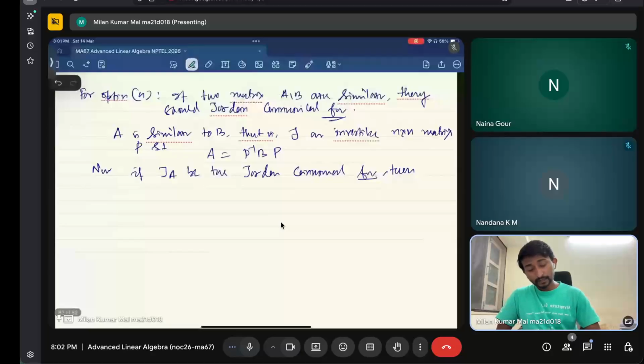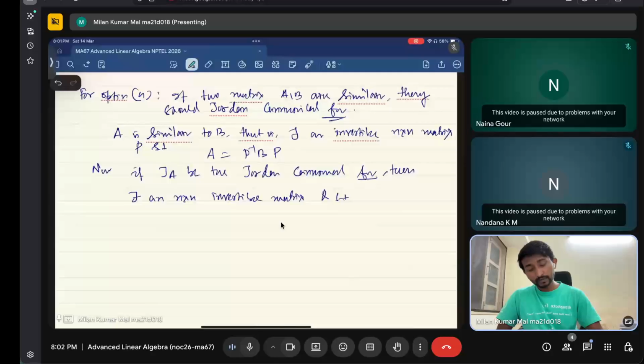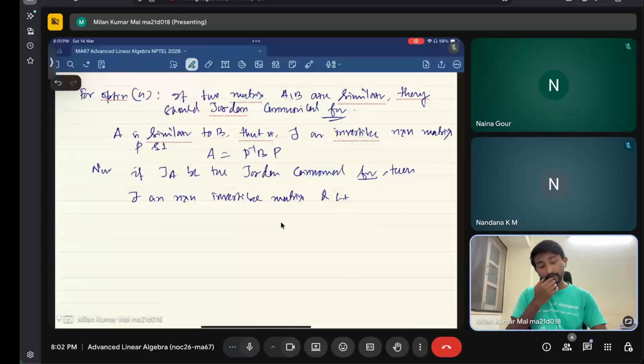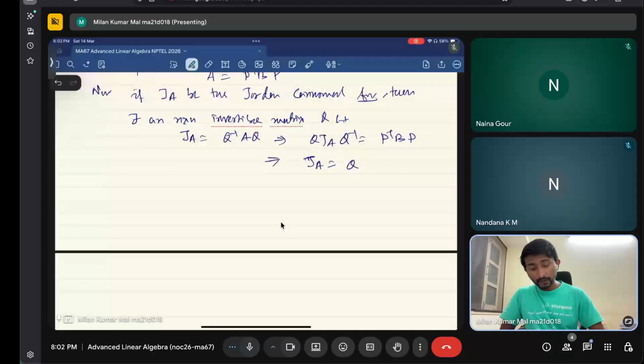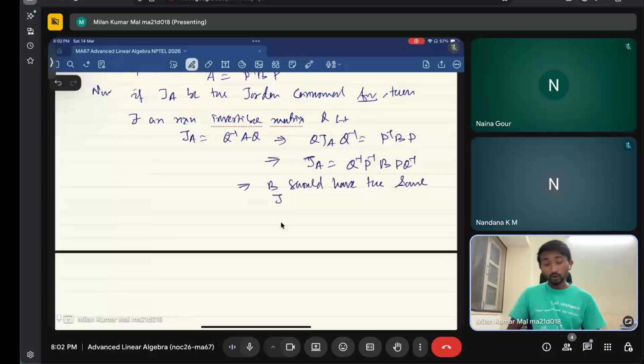That implies JA is equal to Q inverse P inverse BPQ. That implies B should have the same Jordan canonical form as A has. So they should have the same Jordan canonical form. So this is a short theorem basically.